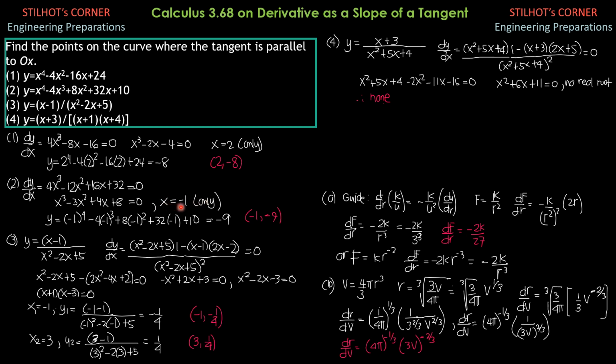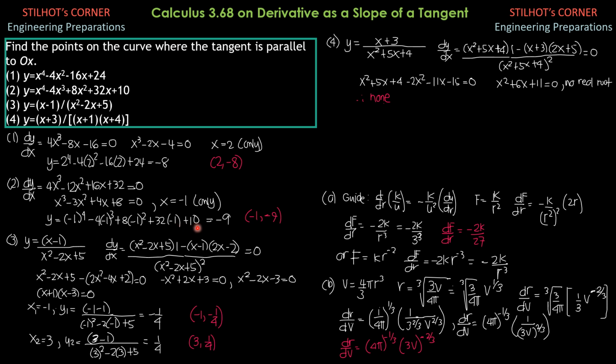To solve for the corresponding value of y, we substitute into the original equation. Y is quantity negative 1 to the fourth, which is 1, minus 4 times negative 1 cubed, which is positive 4. So 5 plus 8 times negative 1 squared, so 13. Then minus 32, negative 19, plus 10.